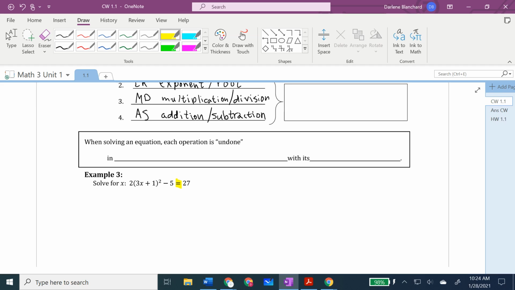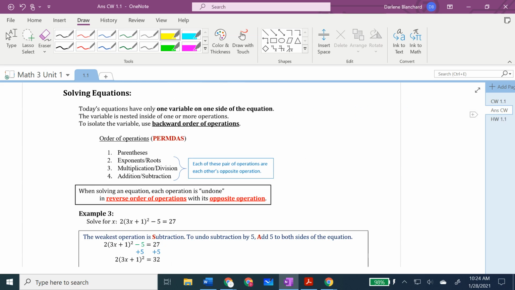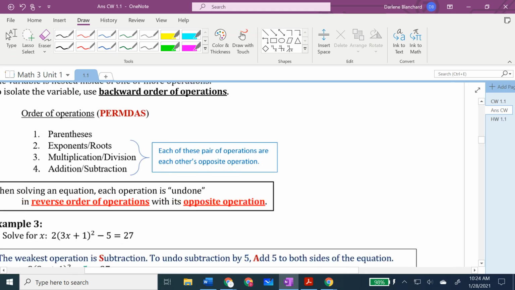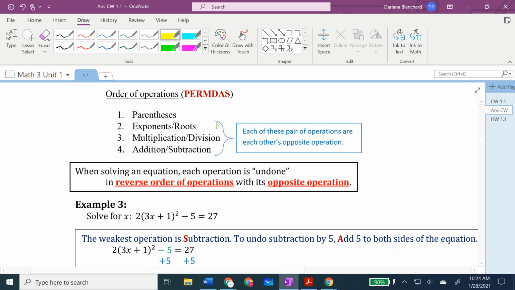So let me see what I wrote over here in the answers. I've got: important to realize with these three that each of these are pairs of opposite operations. And for the fill in the blanks, when solving an equation, each operation is undone in reverse order of operations with its opposite operation.